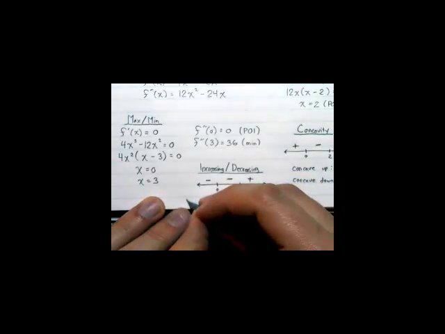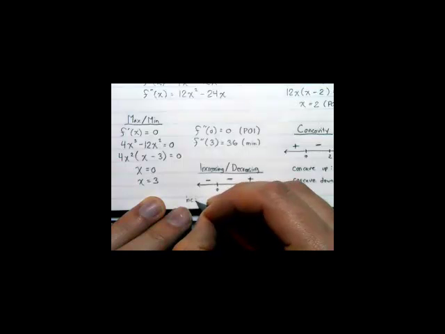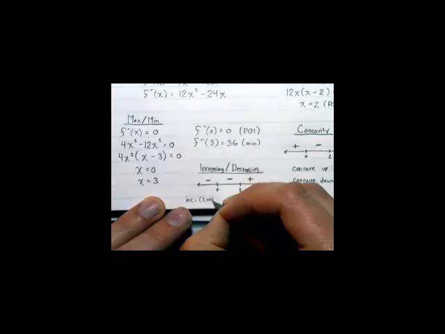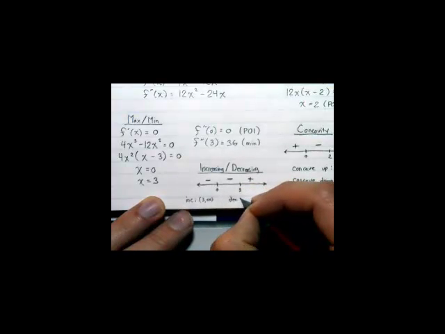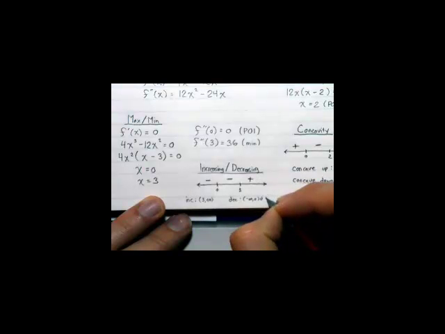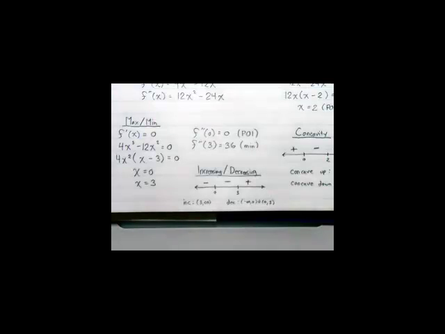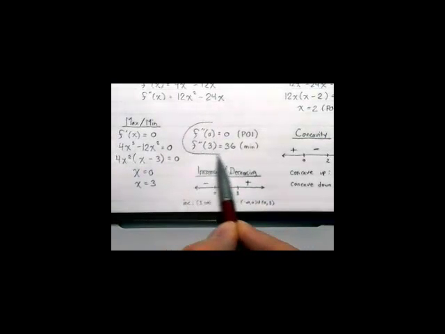So I apologize because I'm running out of room. But increasing is only the interval 3 to infinity. Decreasing, negative infinity to 0, 0 to 3. That's really small, but information we're going to use to help make this graph then.